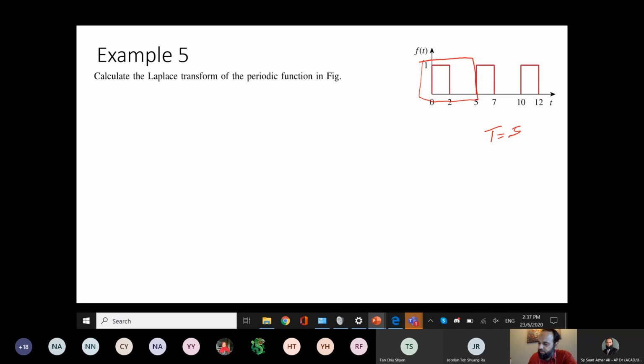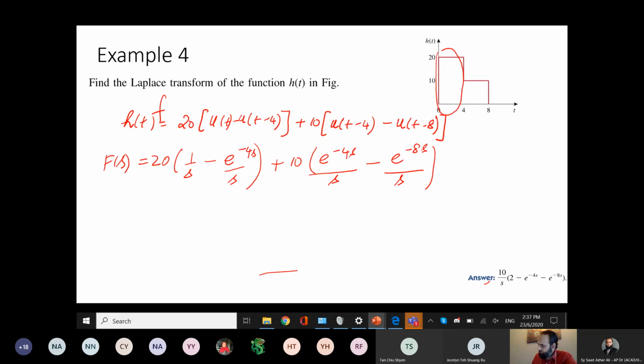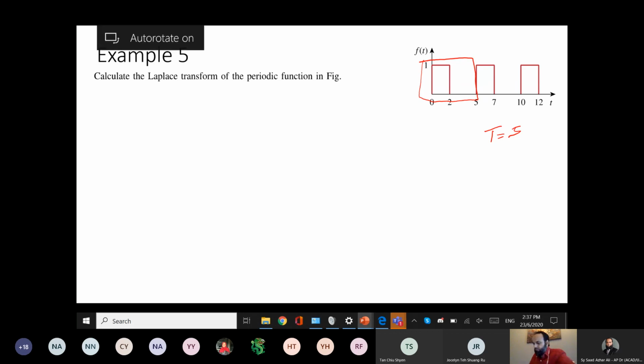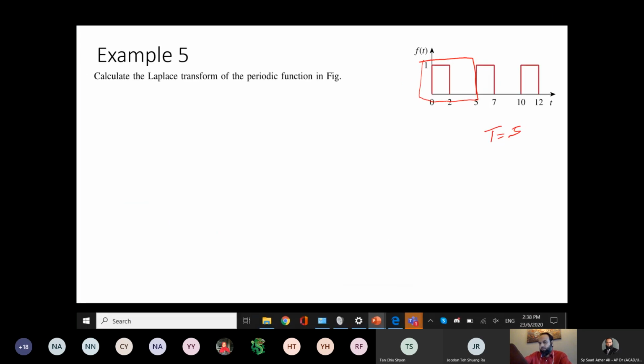So let's find the function for this one. Let's call it f1 because it's the first period.